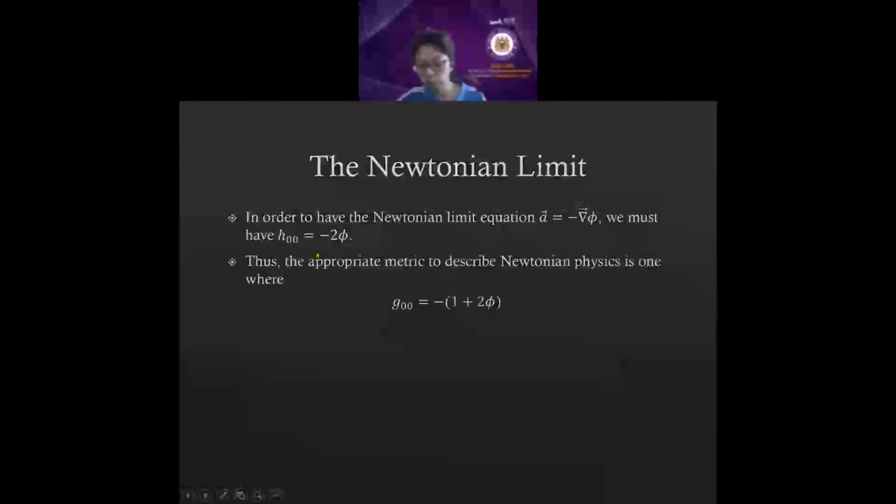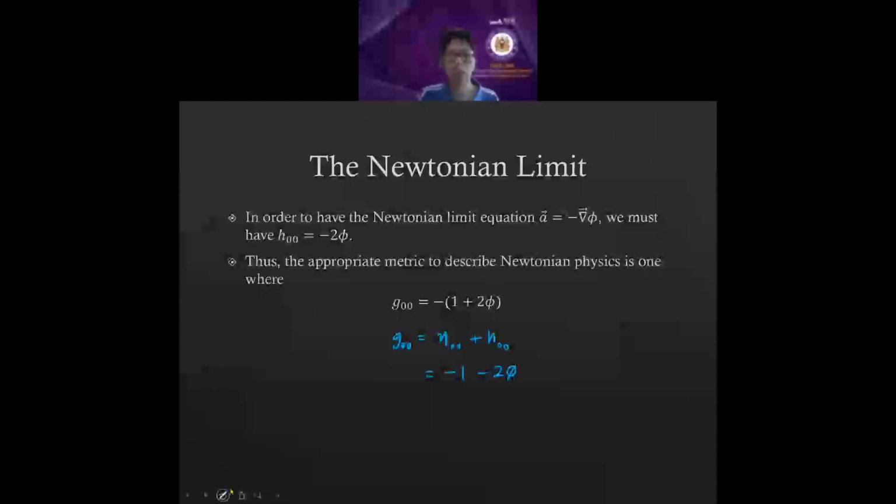So it follows that the appropriate metric described in Newtonian physics is one where g naught is equal to minus 1 minus 2 phi. Where I recall that g naught is equal to eta naught plus h naught, and this is equal to minus 1 minus 2 phi.